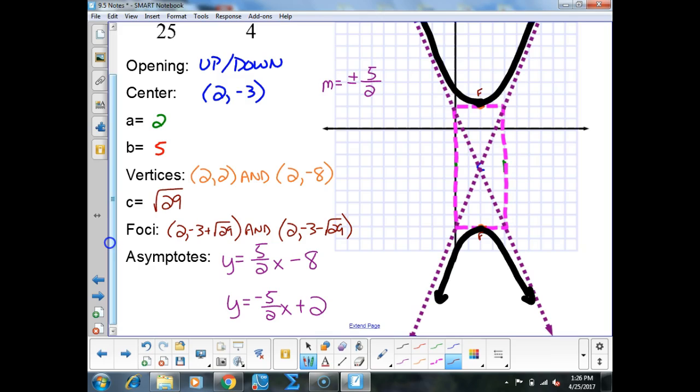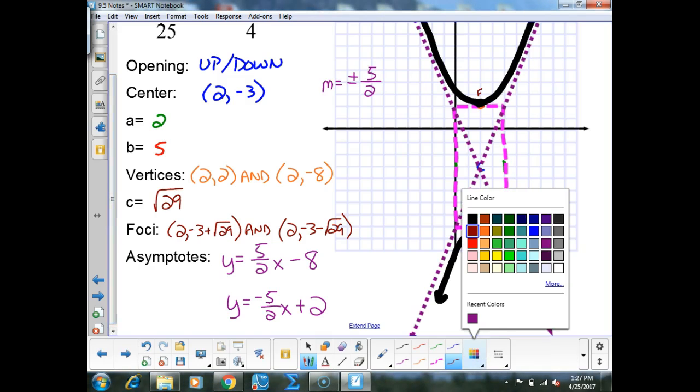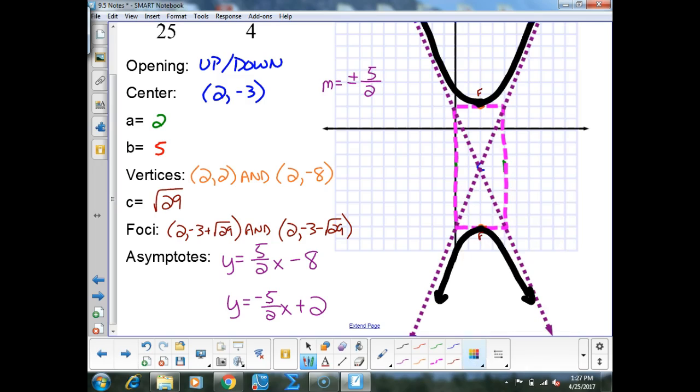Okay, so if I drew it here in yellow, if I pick this point right here, this distance right there, when subtracted, is the same as that distance when subtracted.